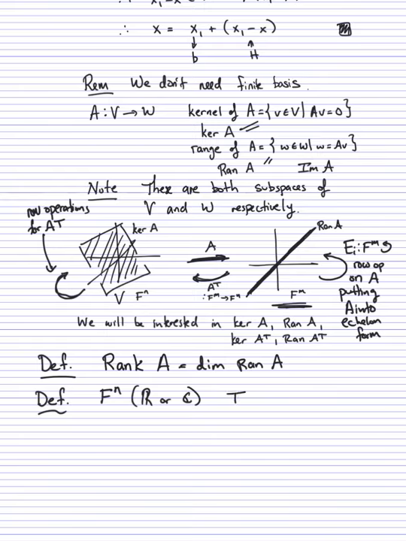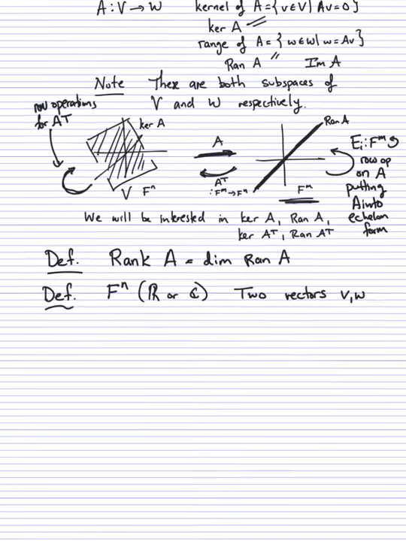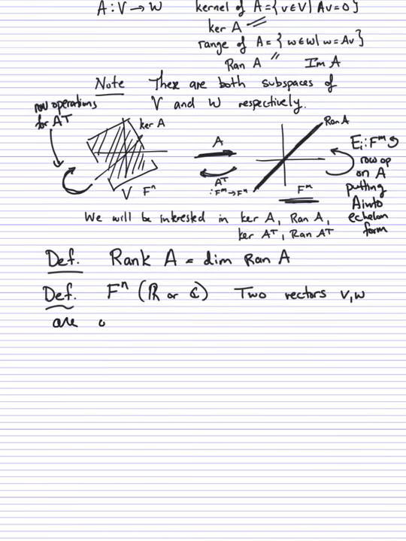So two vectors, v and w, are orthogonal or perpendicular. We write v perpendicular to w if the quantity v1 w1 plus v2 w2 up through vn wn is equal to 0.